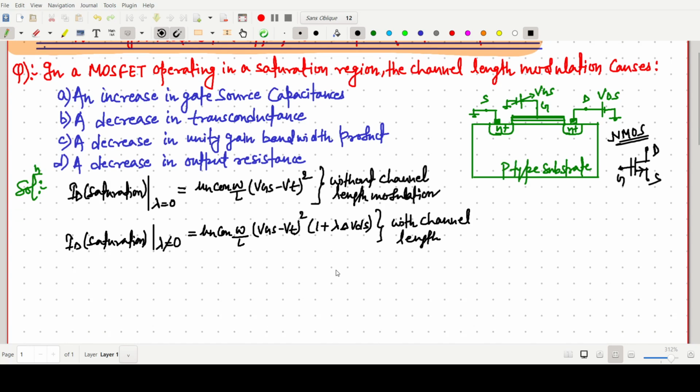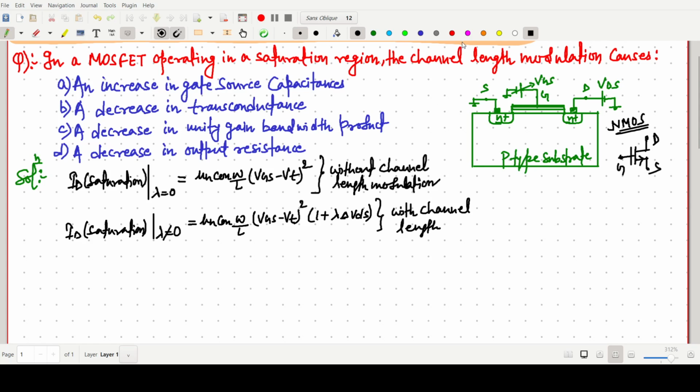So if we draw the transfer characteristics or ID-VDS curve, this vertical axis is ID and the horizontal axis is VDS. If we plot the ID-VDS curve, this one is for lambda equals to 0, when we are not taking the channel length modulation.